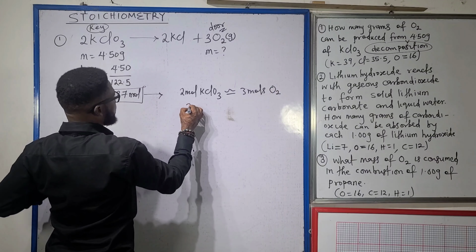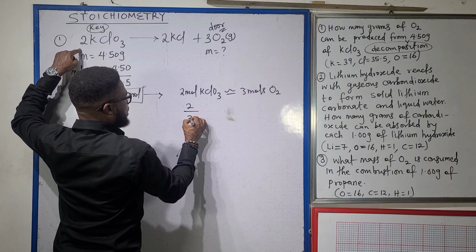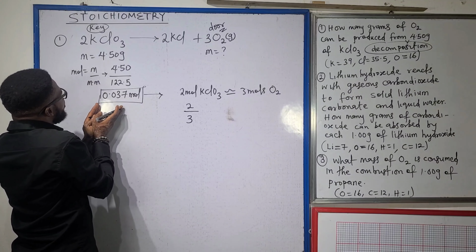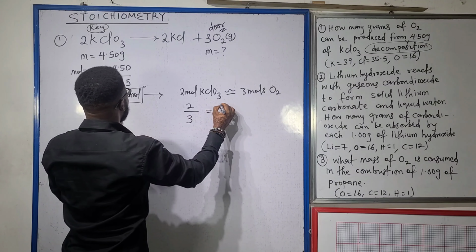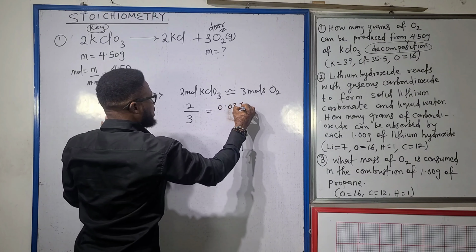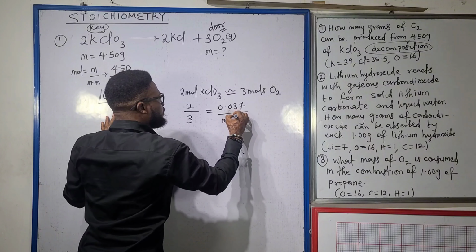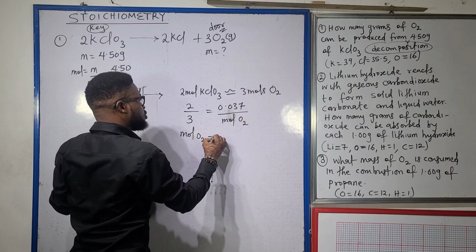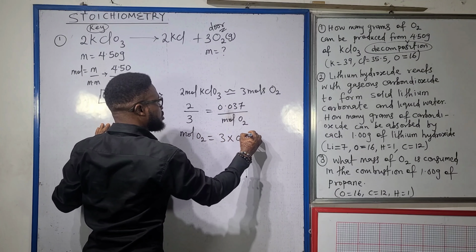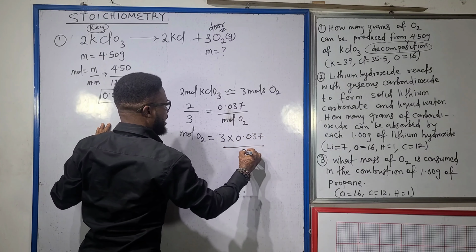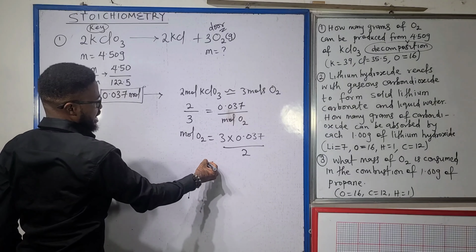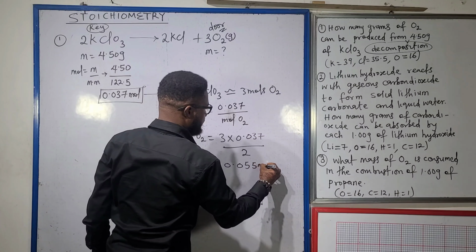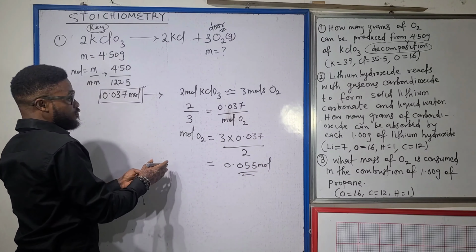So the implication of that is if I'm saying 2 over 3 from a balanced equation, then in reality, the mole of KClO3, which is 0.037, over the mole of oxygen. So mole of oxygen here is going to be 3 times 0.037 divided by 2. So from this, I am going to get 0.055 mole. That is the mole of oxygen in this case.